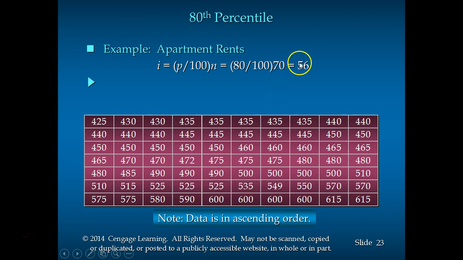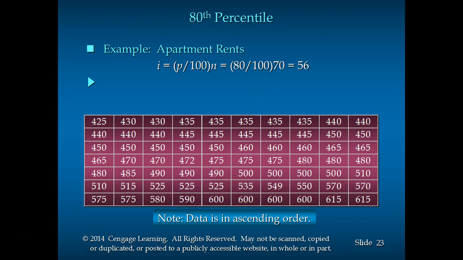And because it's an integer, it's between the 56th and the 57th number. The average of these two numbers, it's supposed to be, okay? The average of 535 and 549. Let's see if I'm correct. There should be a solution here, okay?